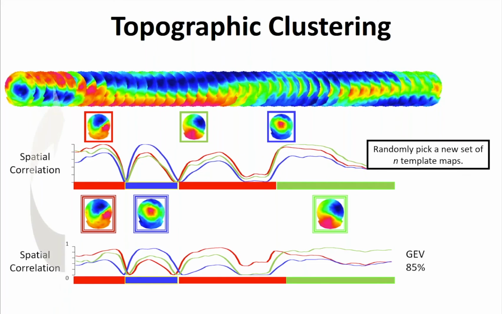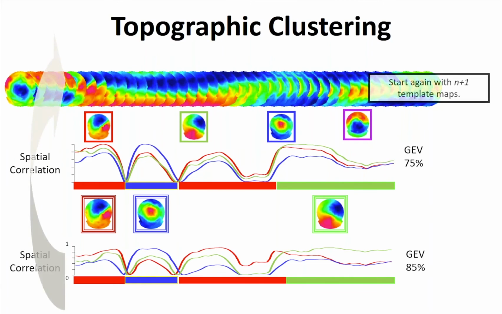So that's 3 maps. Now I have to do the same thing for 4 maps, 5 maps, 6 maps, 7 maps, etc. And I can do this over and over again, and now I have the best 3, the best 4, the best 5 template maps that describe my entire data set.